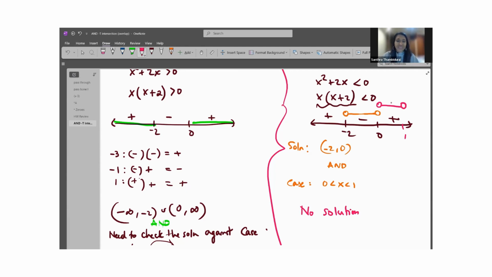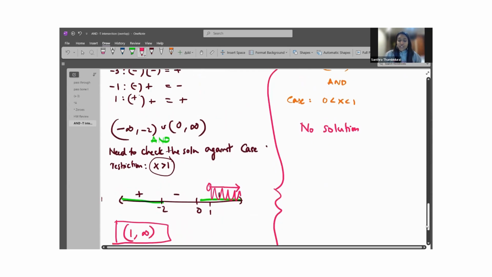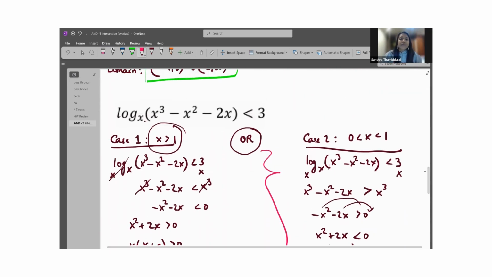So remember, within a case, you're combining the solution of your answer with the case restriction using an and. But in between cases, for case 1, I got my final solution as 1 comma infinity. And for case 2, I got my final solution as no solution. But now I need to combine those two using an or.